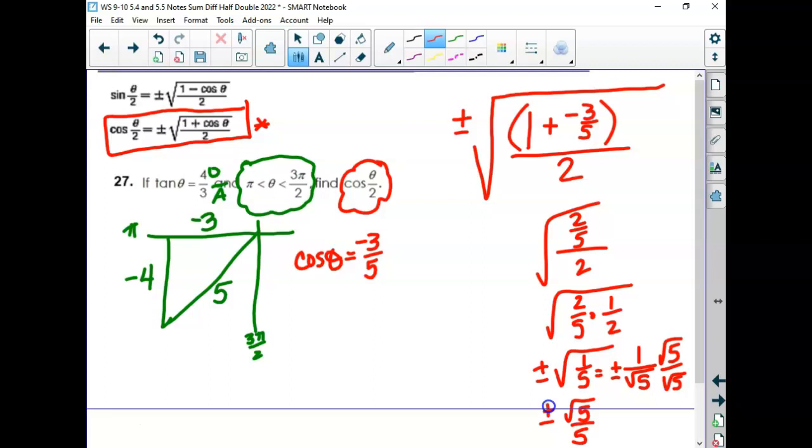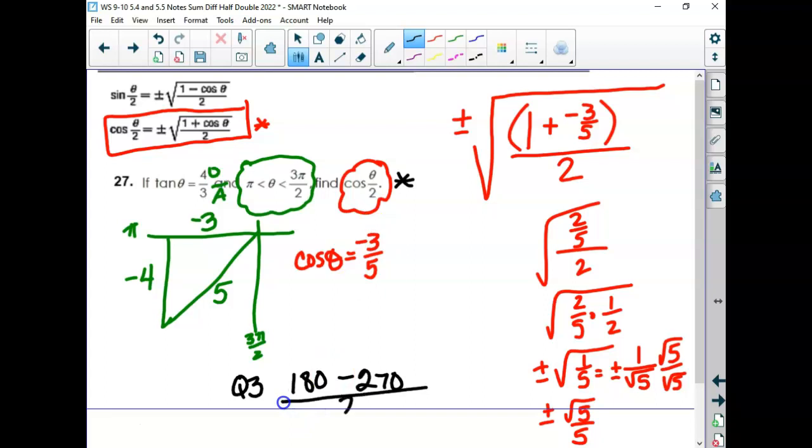Now you have to decide whether it's positive or negative, and this is kind of complicated. My brain thinks better in degrees. We agree on that? So we were in quadrant 3, which is somewhere between 180 and 270. We're supposed to find that angle divided by 2.